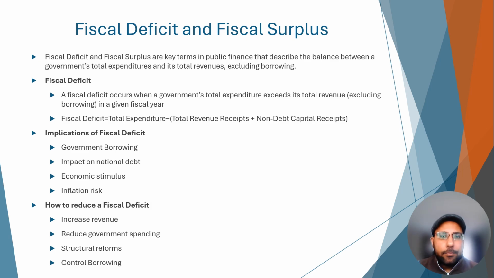It could be policy decisions. Governments might deliberately run fiscal deficits as part of their strategy to boost economic growth. Governments are very well aware that if they are increasing spending and cutting taxes, they're doing it to drive their economy further.